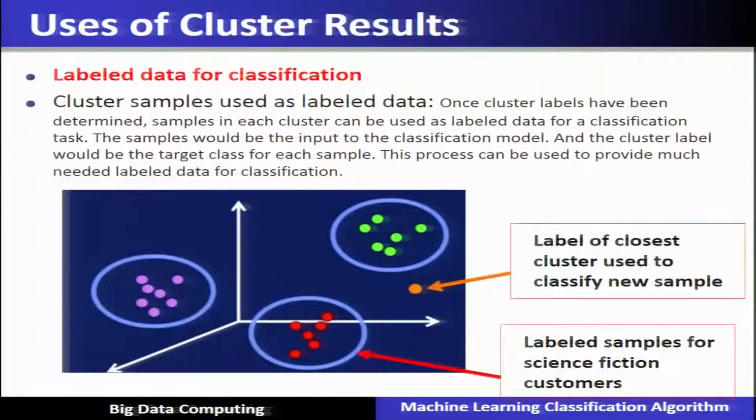Take this example here: the label of the closest cluster is used to classify the new sample, and the labeled samples for the science fiction customers are labeled in this case. So, after clustering, these different clusters will be used to assign the label for each data point, and also when a new data point comes, it will get a new label, and this labeled data can be used for supervised learning.